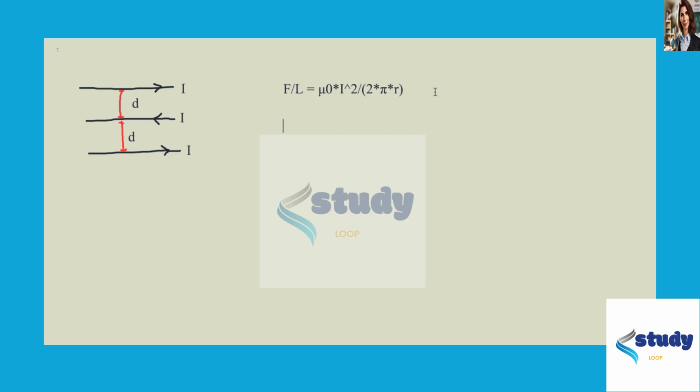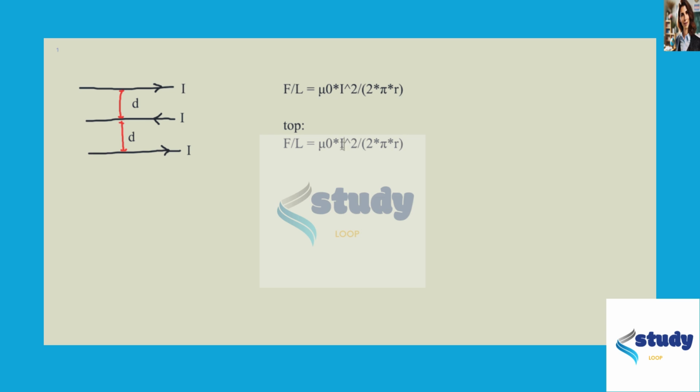So let's look at the top wire. Again, we're going to need this formula, and what we're going to want to do is add up the contribution from each of these wires individually. So let's first think about the top wire. The middle wire is going to contribute a field here that's going to cause a force.